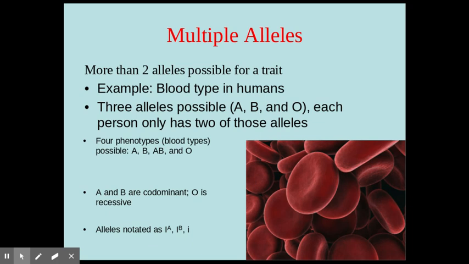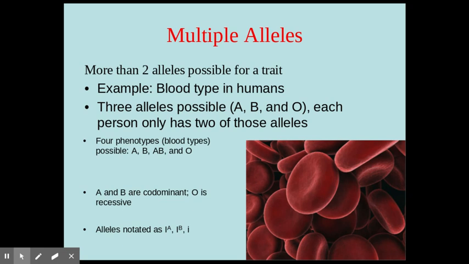You can also have something called multiple alleles. Multiple alleles is when you have more than two different alleles that make up that particular trait. An example would be our blood type. We have three possible alleles that can combine in our blood type in order to give us the type of blood that we have. We have an A, a B, and an O. So 4 phenotypes are possible from those 3 letters.